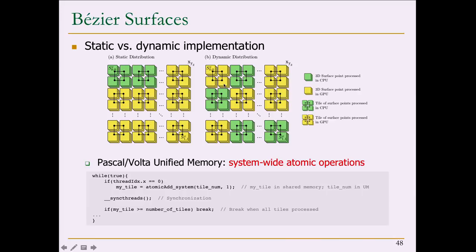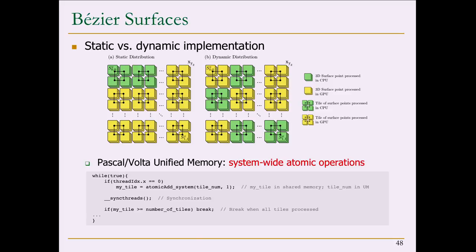For example, one simple way to implement this dynamic distribution is having some kind of queue, in this case a queue of tiles, and every time the CPU threads or the GPU thread blocks finish with the computation of one tile, they just need to go to this queue and fetch a new tile and start operating on this tile.